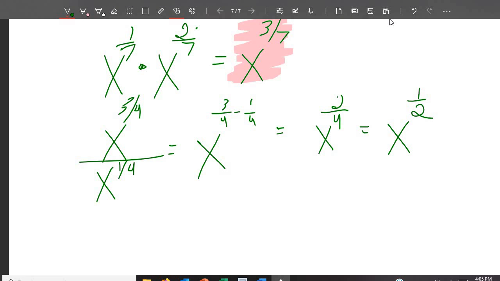So that's going to give me x to the 1/2. So you're doing the same rules. Add the fractions or subtract the fractions. Now you know the only way you can add and subtract fractions is if you have a common denominator.